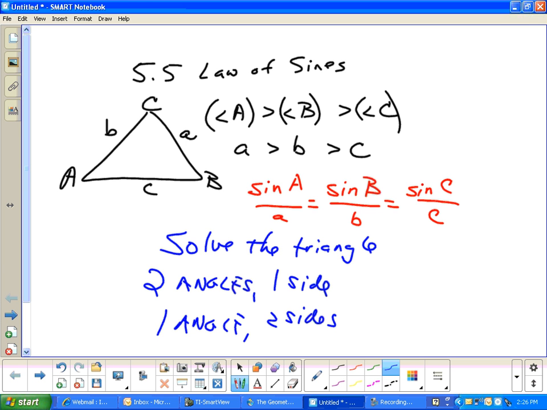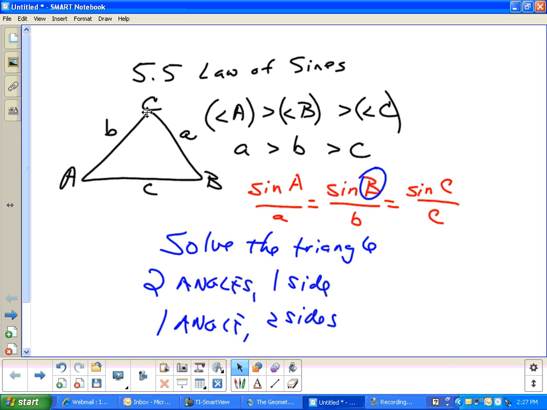In every case, one of the sides will pair up with one of the angles. So if I give you angle A, I will give you little side a, and then I might give you angle B, and then you have to find side b from there and the remaining sides.